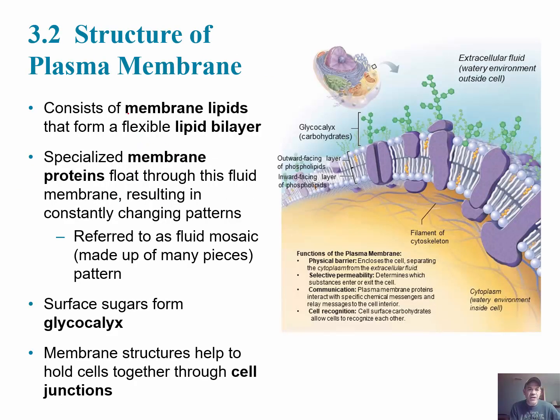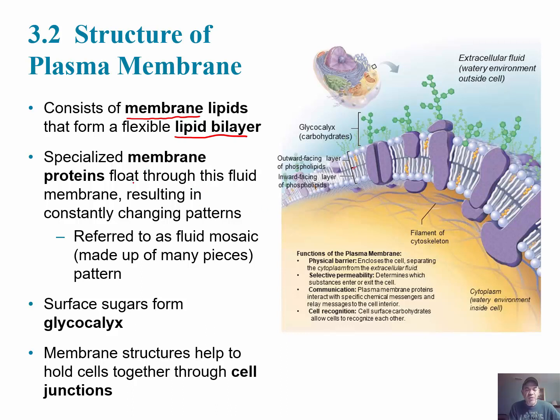The plasma membrane is going to consist of membrane lipids, and they're going to form a flexible lipid bilayer. So you can see the model on the right, you can see there appears to be two layers of molecules facing in opposite directions.